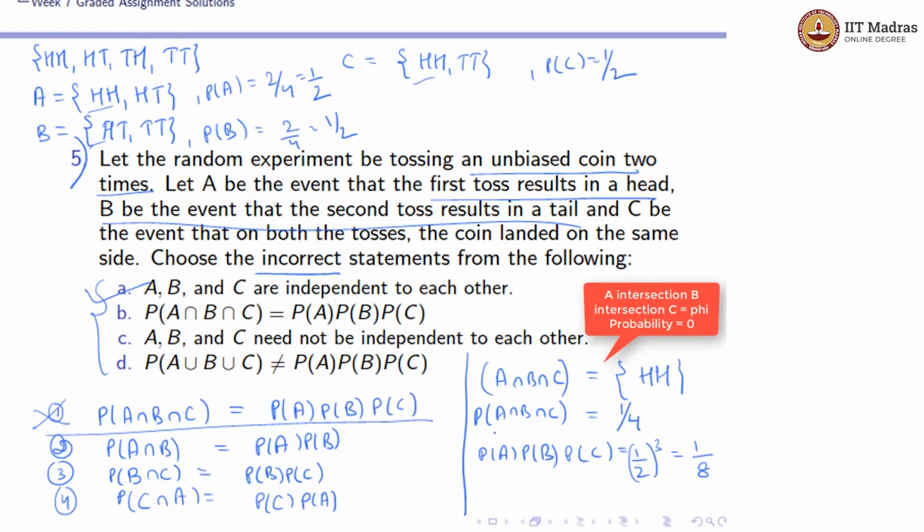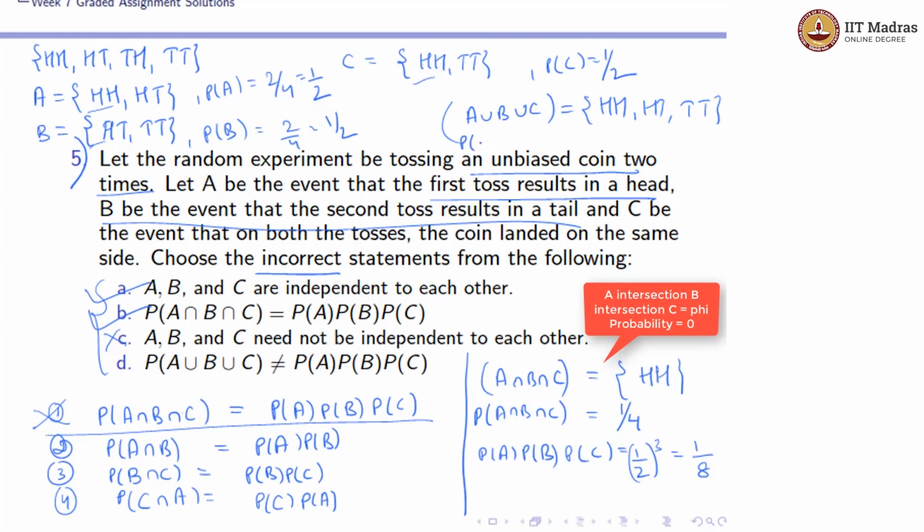Since we have already seen that probability of A intersection B intersection C is not equal to probability of A, probability of B, probability of C, again this will be correct and C will be incorrect. Now let's check the D option. This says probability of A union B union C is A into B into C. So what is A union B union C? This is going to be HH, HT and TT.